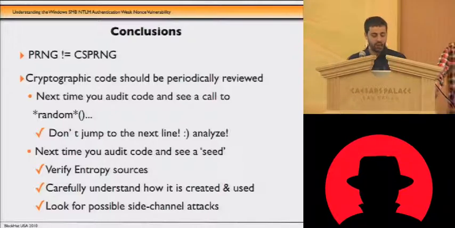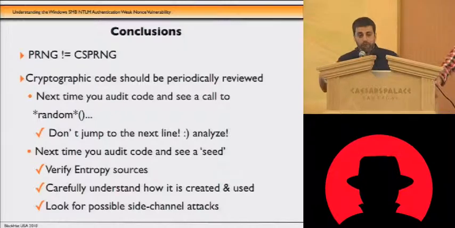Also, it's very important how the seed is created and how it's used. For example, it's not good to take 2 bytes and expand them to 4 bytes, because you do not actually have 4 bytes of entropy. You only have 2. That might be a wrong use of a seed.